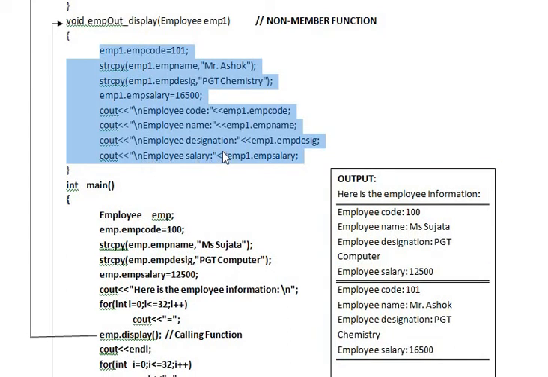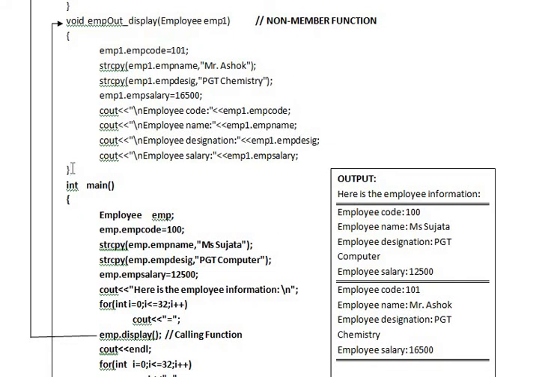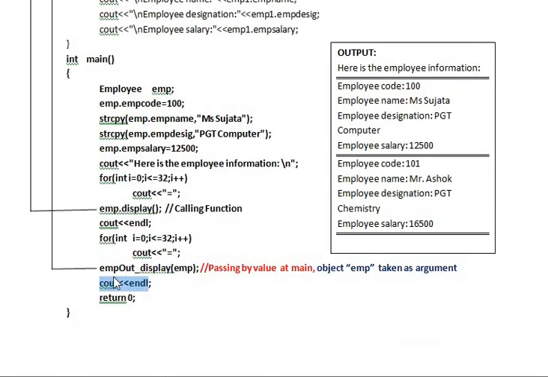After executing the last statement, the function body of the non-member function EMP out display ends here with a closing parenthesis. Now the control is again going to move back to the main function and reach this point just after the non-member function EMP out display, which takes the form of a calling function. As the control reaches here, using the cout operator, it is executing the endl command to move to the next line. So after executing these, it is moving to the next line.